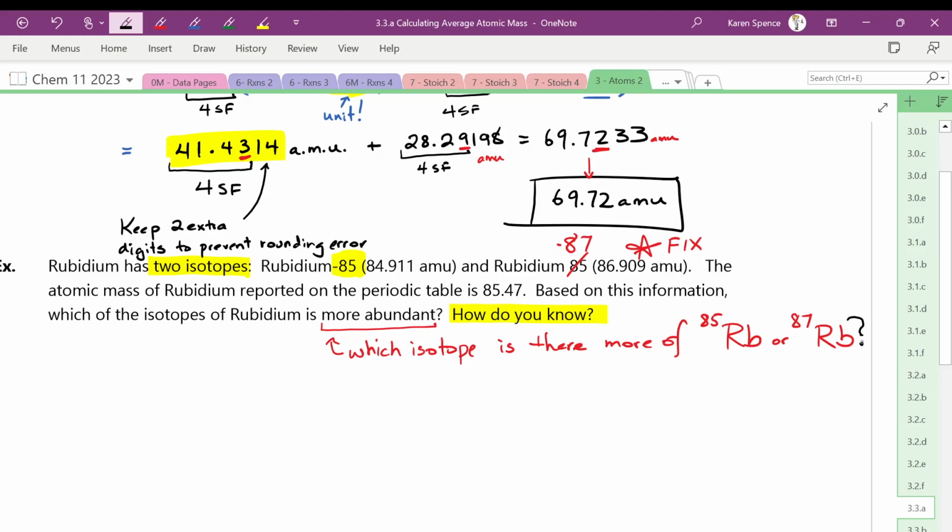What do you guys think? 85 or 87? Let's have a vote on that. And also, I don't know is a perfectly good option.